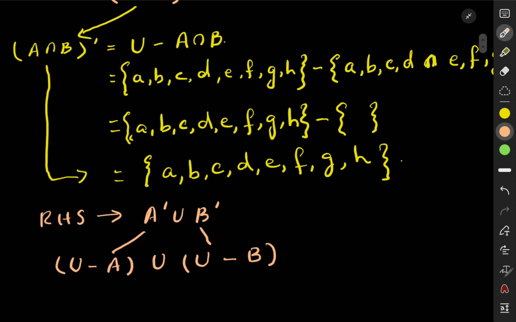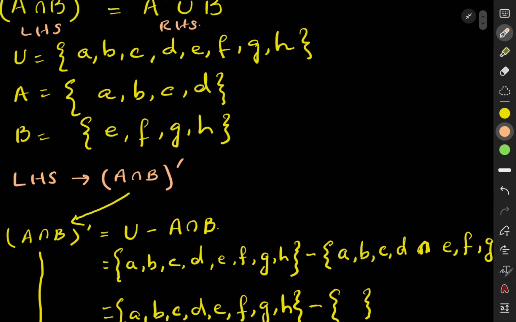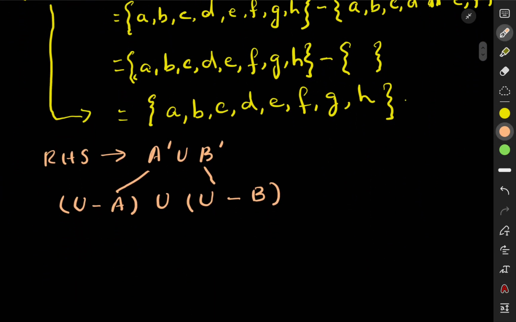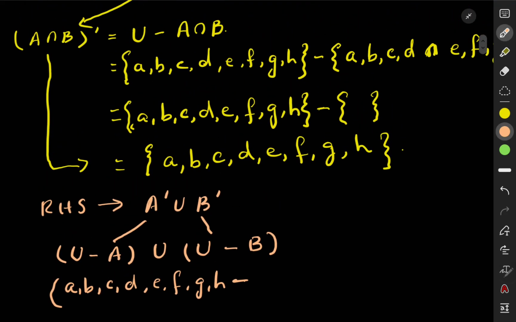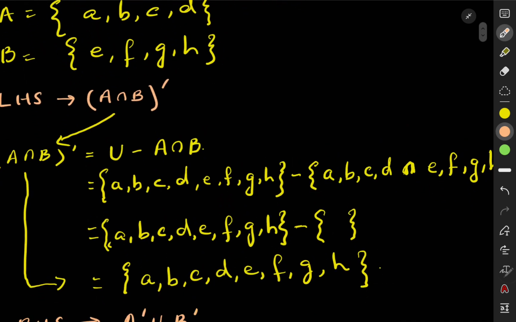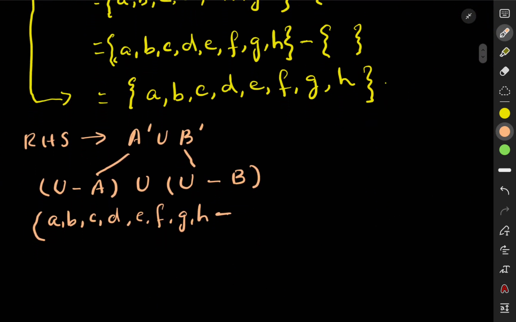The members of U sets are A, B, C, D till H. A, B, C, D, E, F, G and H. These are the members of U, minus A. A has members A, B, C and D.